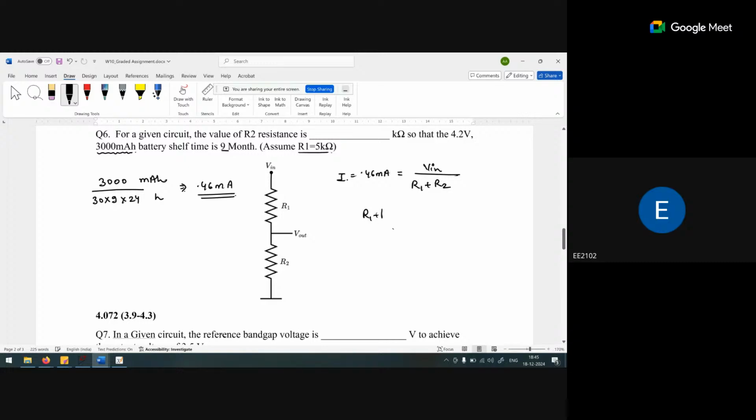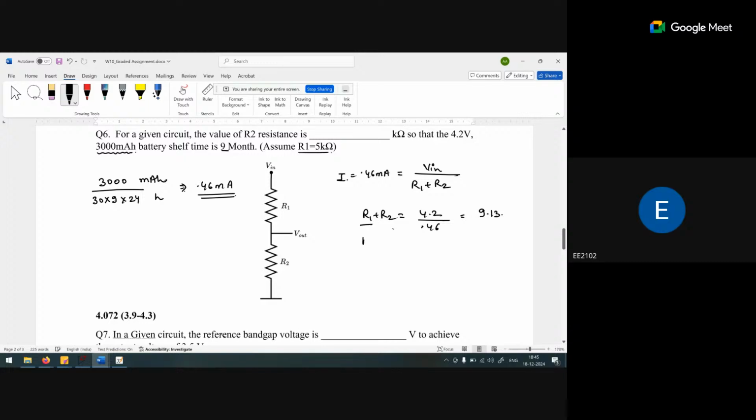So R1 plus R2 is equal to 4.2 divided by 0.46, which becomes 9.13 kilo ohm.